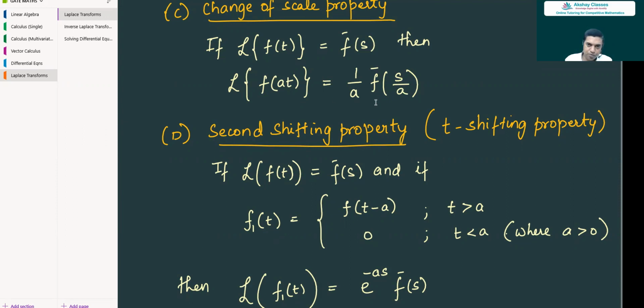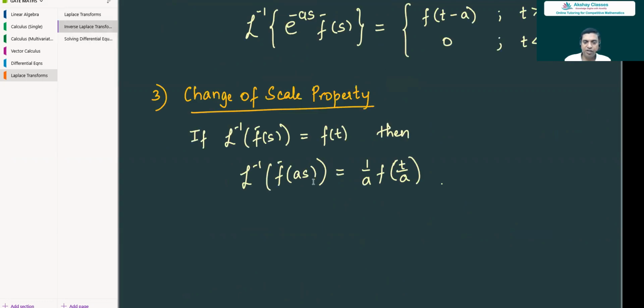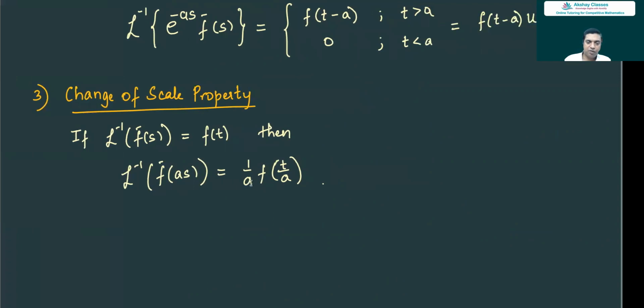Now what we should do, replace a by 1 by a. If you replace a by 1 by a, I'll get f of t by a, and this a goes up and brings down 1 by a f of t by a is equal to f bar as. So using that, we are doing this. F bar as is 1 by a f of t by a.